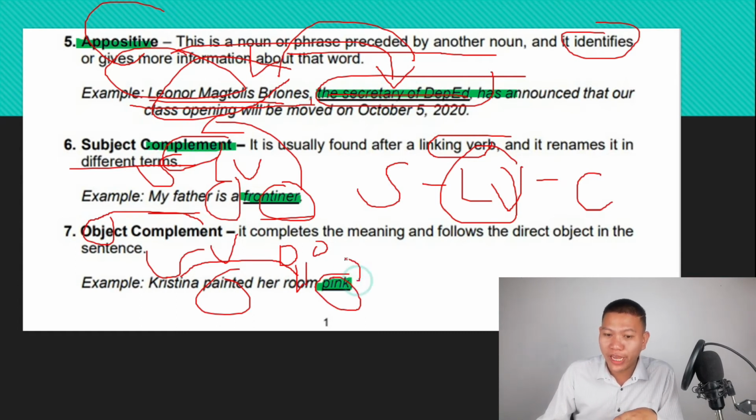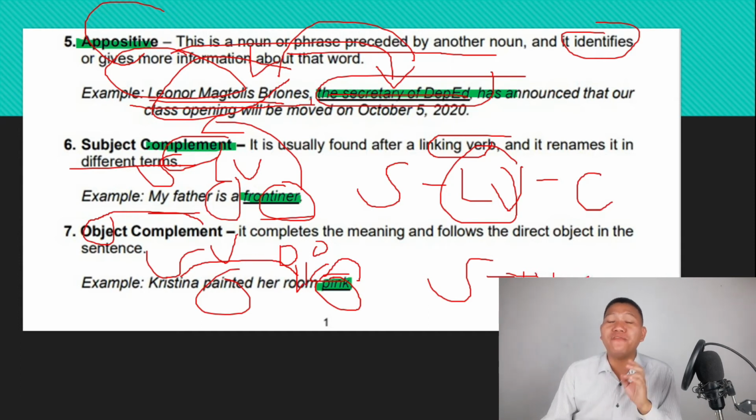So it's object complement. You get it? Normally this is S, TV, DO, OC pattern. So if you can recall your sentence patterns in elementary, you will find this lesson easy to understand. Now the problem is if you forgot already your lesson about sentence patterns, then you have to bear with my lesson. Just listen attentively, watch it over and over again.